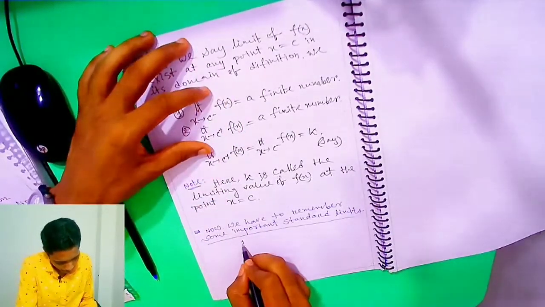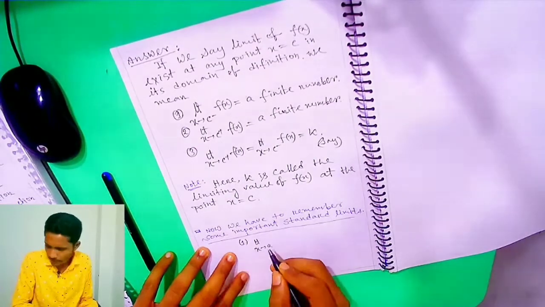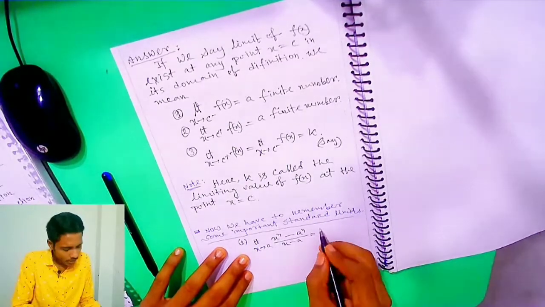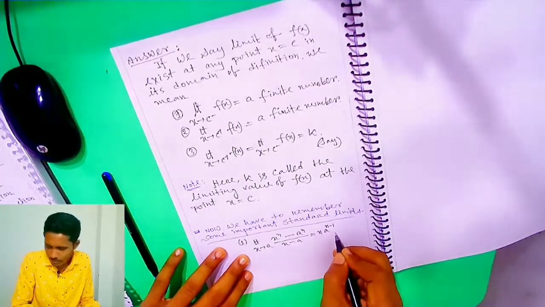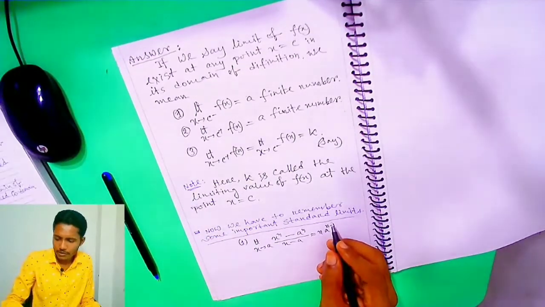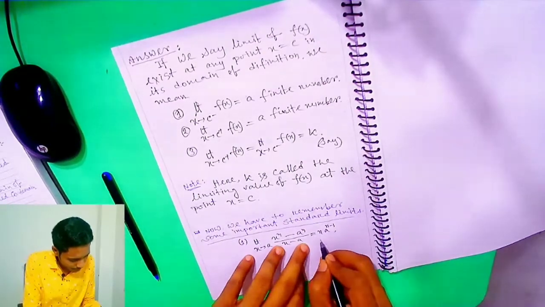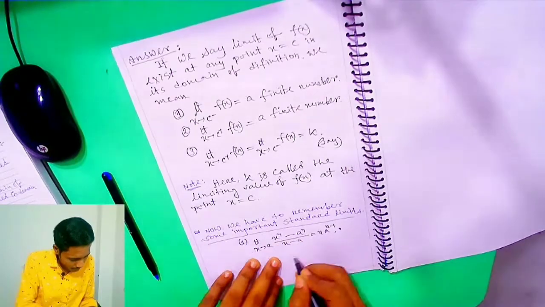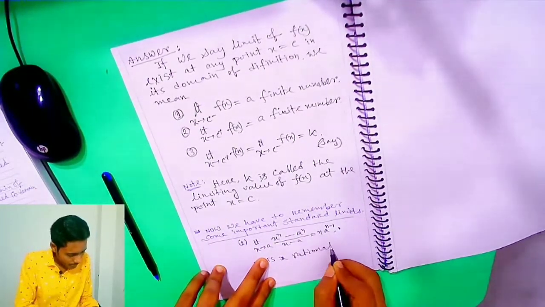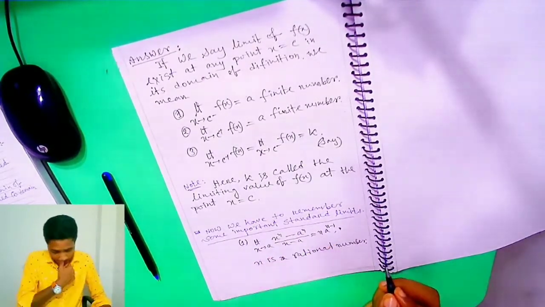One, limit x tends to a of (x to the power n minus a to the power n) divided by (x minus a) is equal to n multiplied by a to the power n minus 1, where n is a rational number.